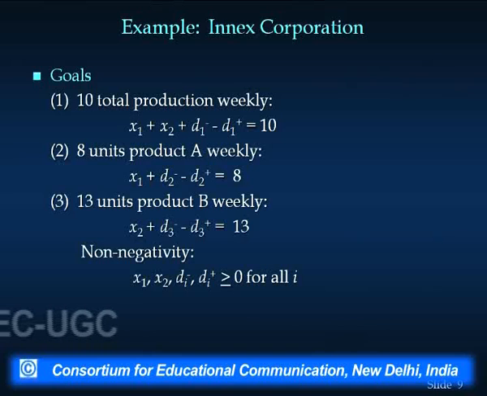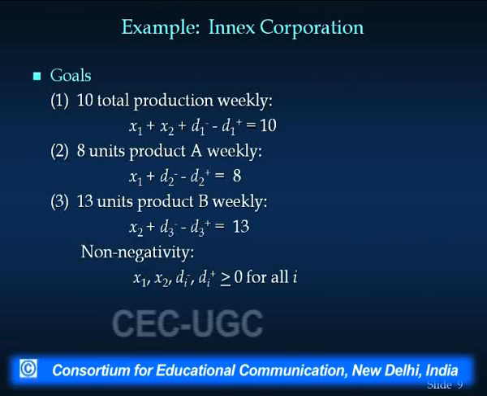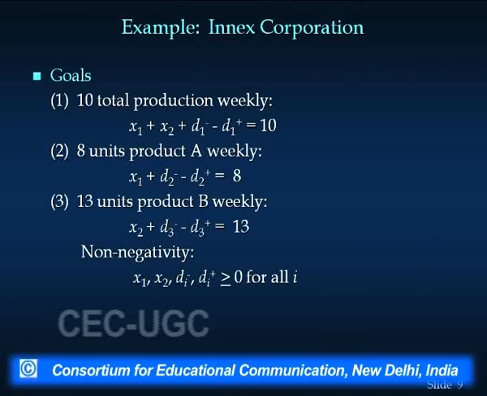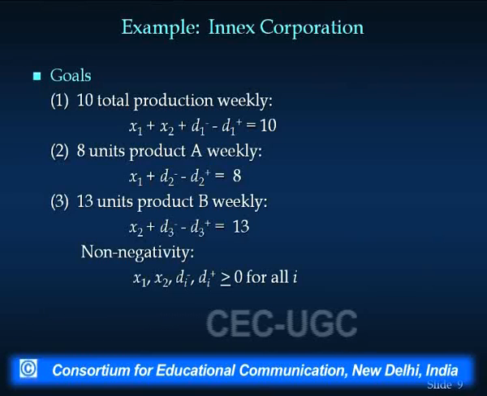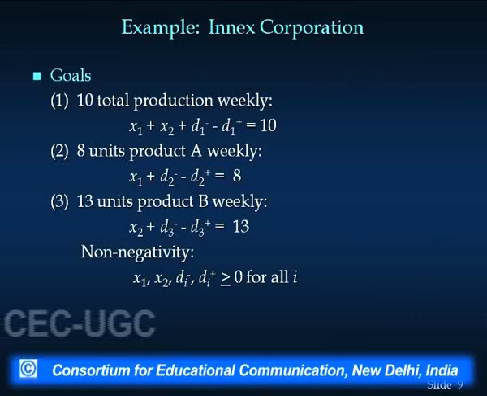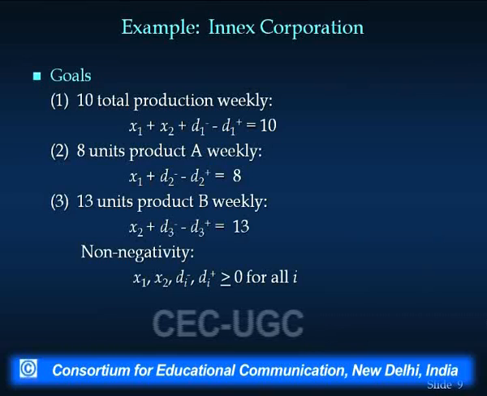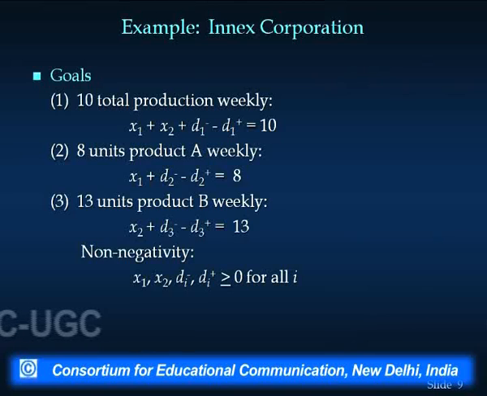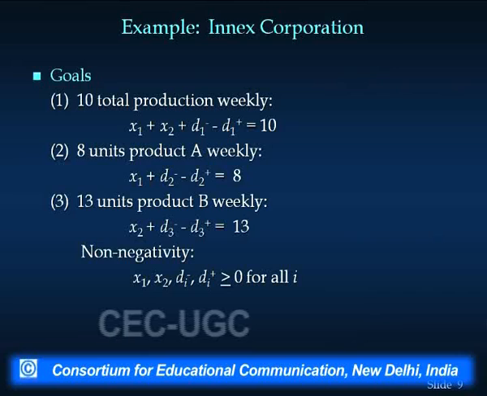Now we come to the second equation, which gives us a goal of producing product A, and the number fixed is 8. Production of product A is given by x1. So we have x1 plus d2 minus minus d2 plus equal to 8. This is how the second priority is taken care of in forming the equation.